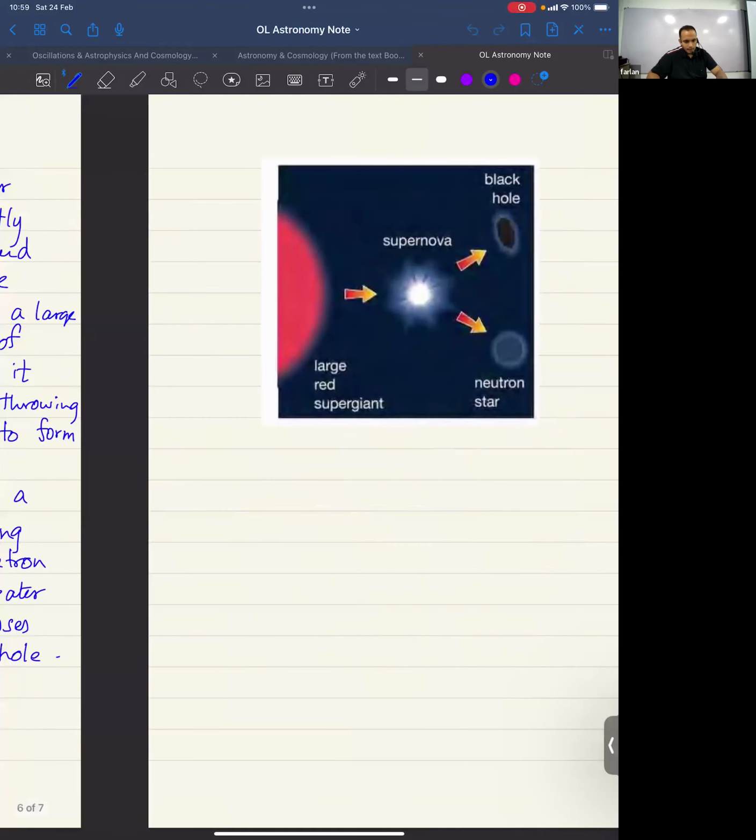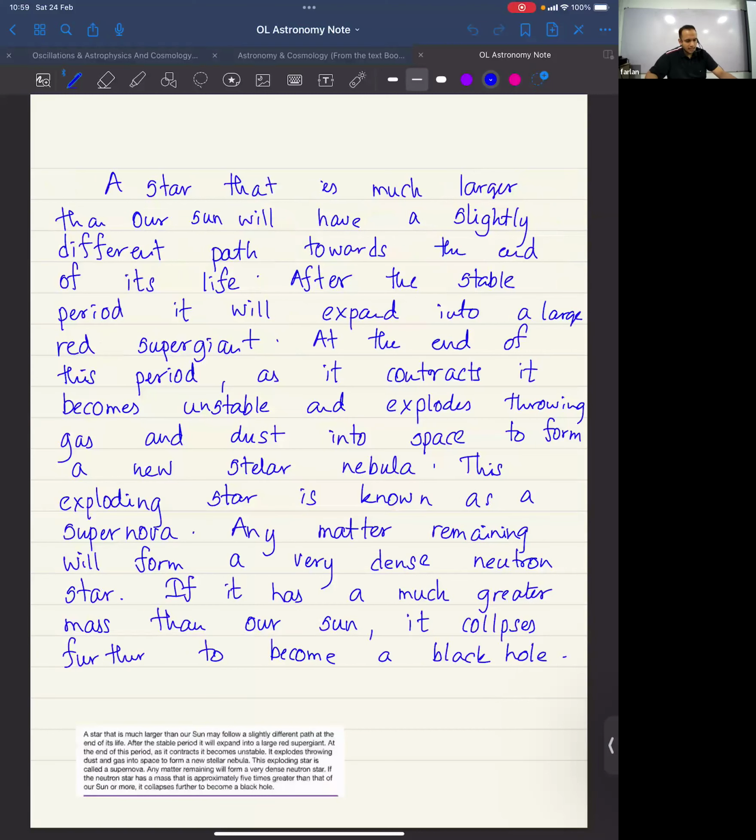For a star that is much larger than our sun, it will have a slightly different path towards the end of its life cycle. After the stable period, it will expand into a large red supergiant. At the end of this period, as it contracts, it becomes unstable and explodes, throwing gas and dust into space to form a new stellar nebula.